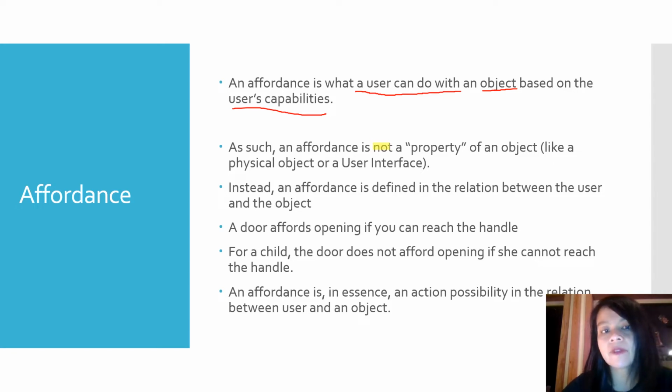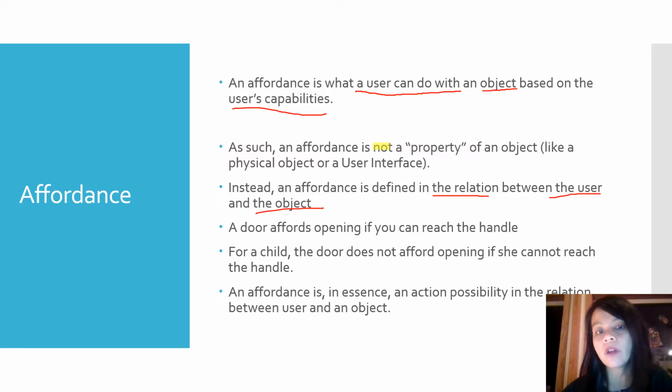It's not like a physical object or a user interface, okay? So an affordance is actually defined in the relation between the user and the object. So it's not something physical, but rather it's sort of like the relationship between the user and the object, okay?